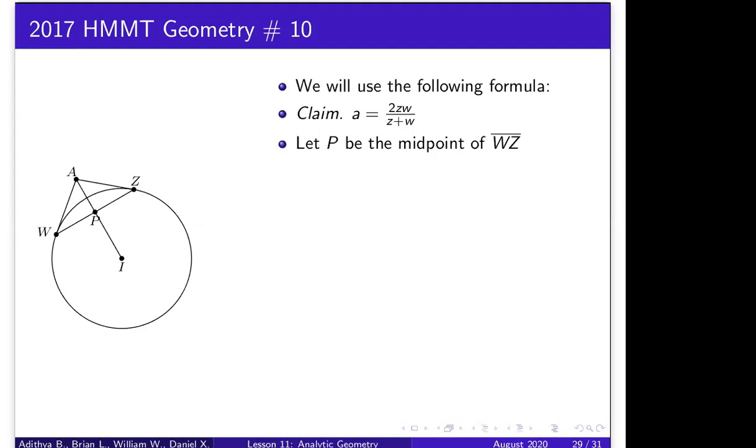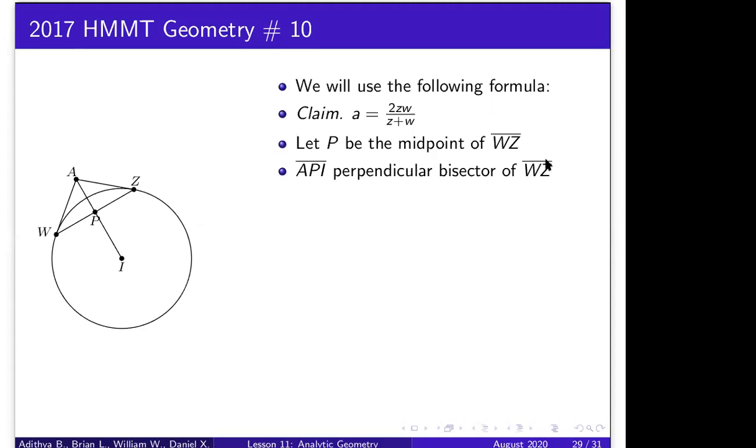And then PW equals PZ by construction. So line API should be the perpendicular bisector of WZ. Does everyone see why this is the case? So now we know that A, P, I are collinear.